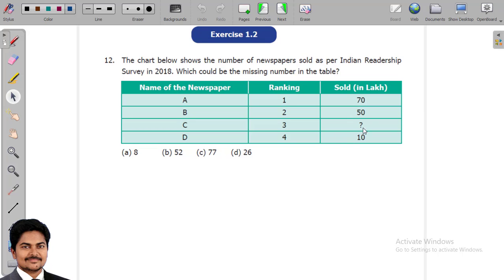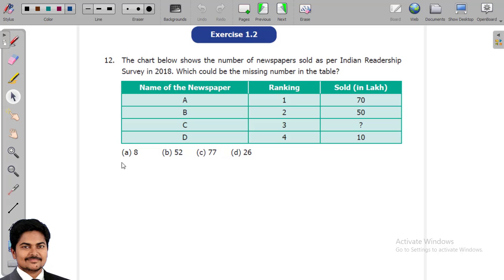So first number is 70, second number is 50, we don't know the third number, the last number is 10. So it is very clear, the third number will be in between 10 and 50. It should be more than 10 and less than 50. So which number satisfies this condition?